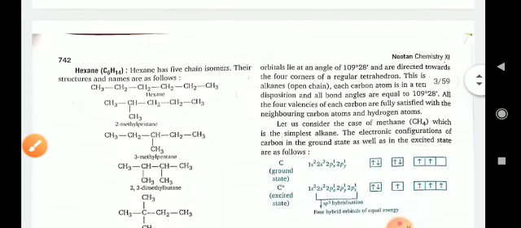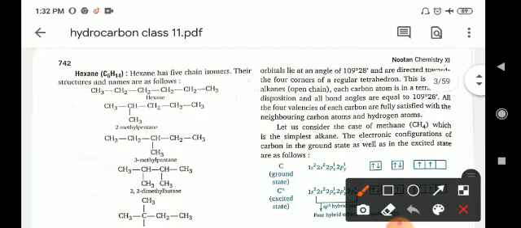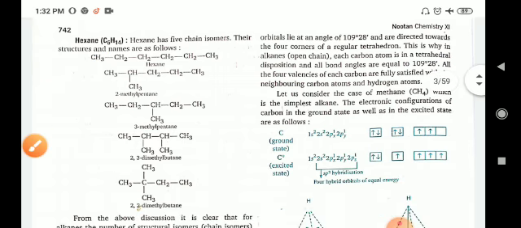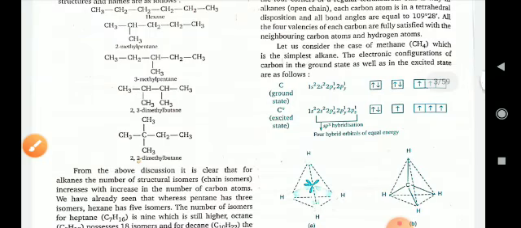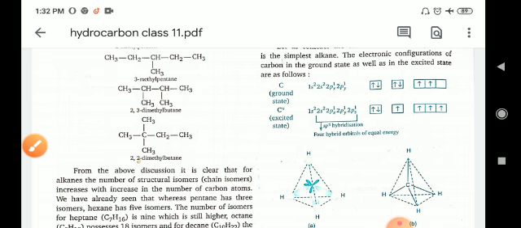Next, hexane, C6H14, has 5 chain isomers. Their structures are named as normal hexane, 2-methyl pentane, 3-methyl pentane, 2,2-dimethyl butane and 2,3-dimethyl butane. These are 5 structures which are chain isomers of each other.